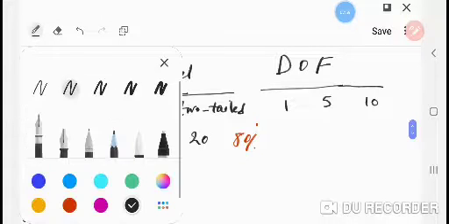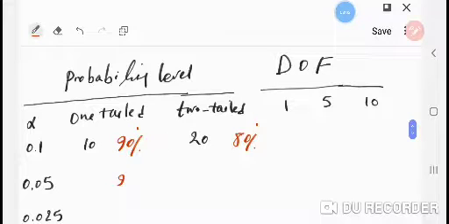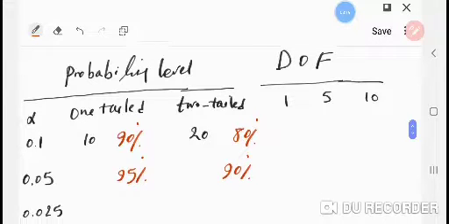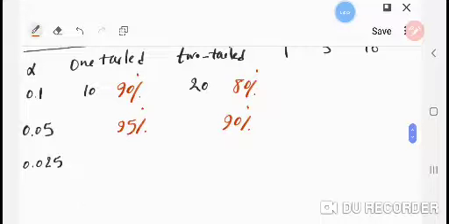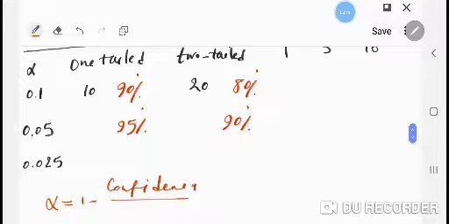And this is for 95% confidence, and for two-tailed tests the alpha 0.05 is for 90%, because alpha is equal to 1 minus confidence divided by 100.